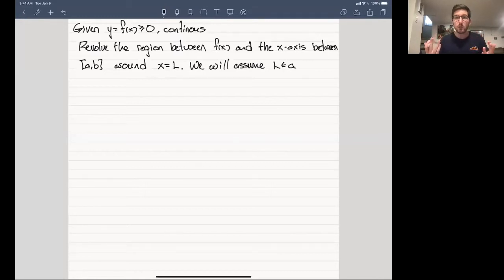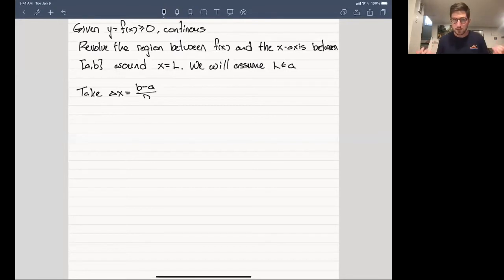So if we're going to start with Riemann sums, we're going to start in the same way that we've been starting for anything that was covered in chapter 5. Let's take some delta x to be the length of the interval divided by n.